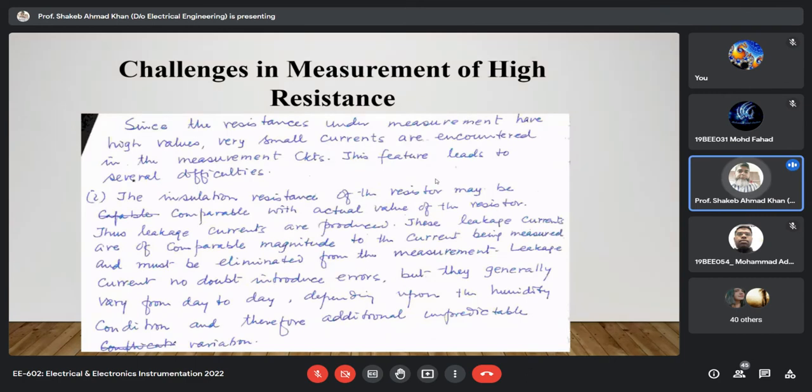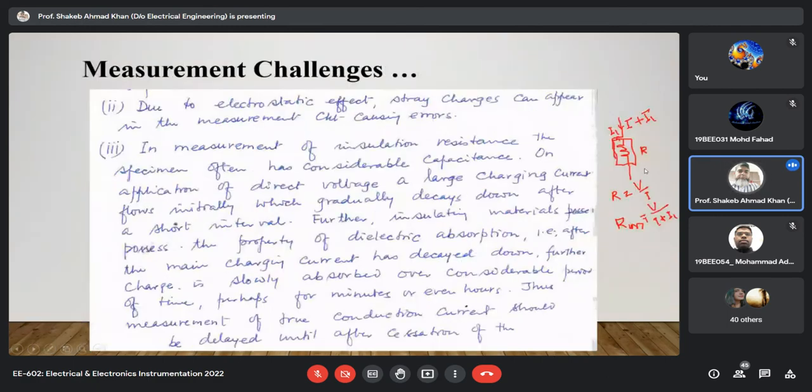Another challenge is that suppose you have an insulation around a large resistance. Suppose this is your resistance, whose value is very high, and around it there is insulation. Because the resistance is high and the insulation is also high resistance, the insulation resistance as well as the resistance of the resistance element will be of comparable values.